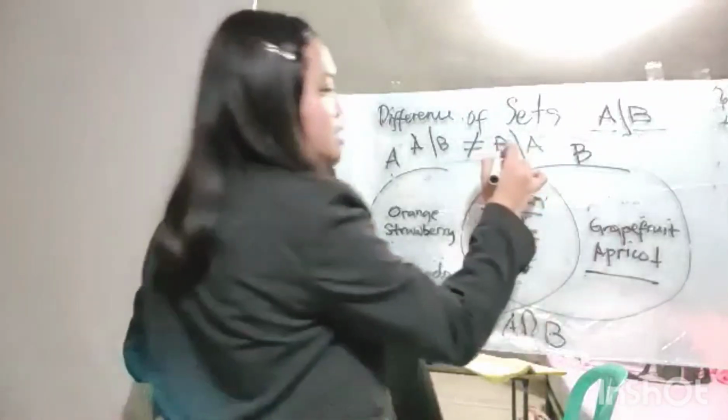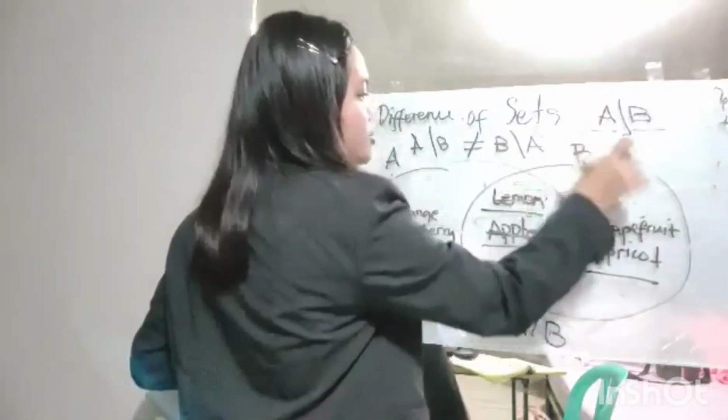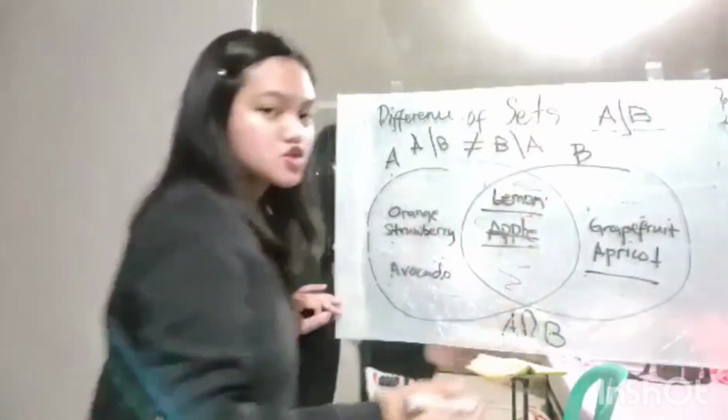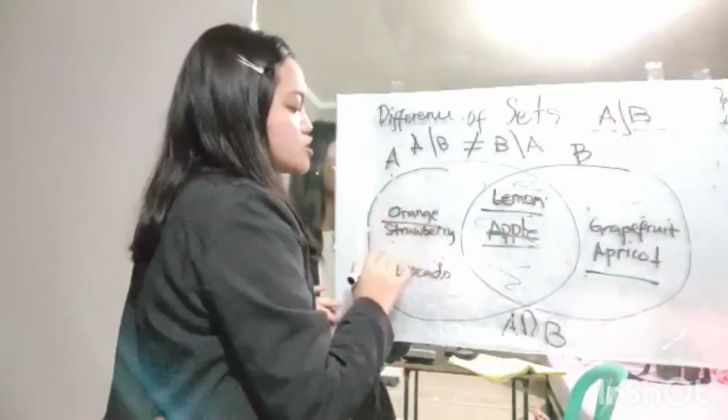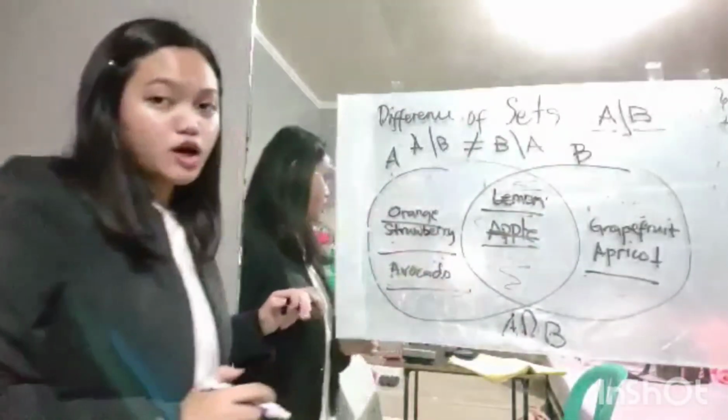But when B minus A, the result will be orange, strawberry, and avocado.